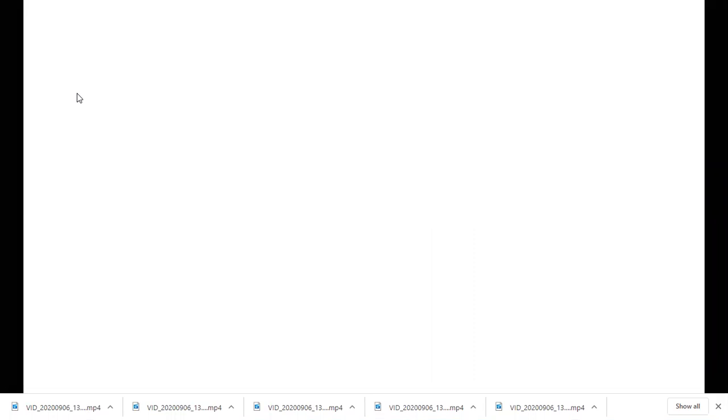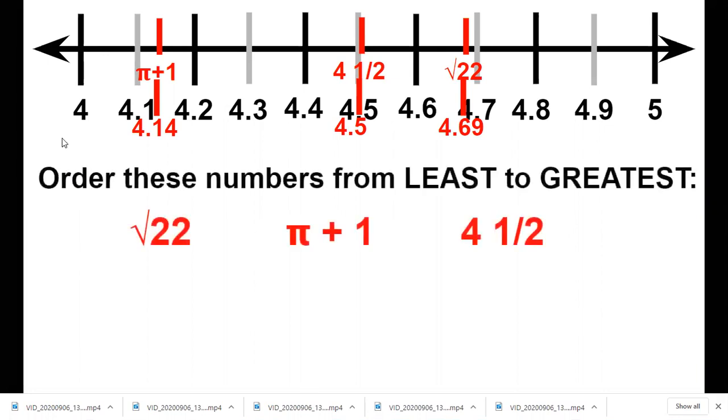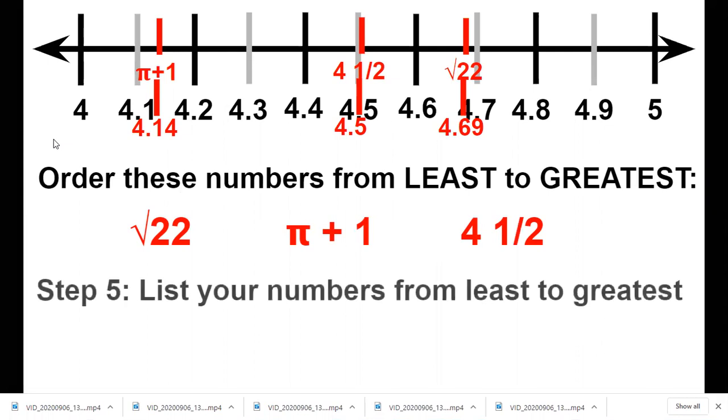So let us order these. There's our number line again with our numbers plotted from the previous slide. And be careful, make sure you know if it's saying least to greatest or greatest to least. A lot of people get tricked on those. So step 5 is list our numbers from least to greatest. And you're going to list them in the original number, not in the decimal form.